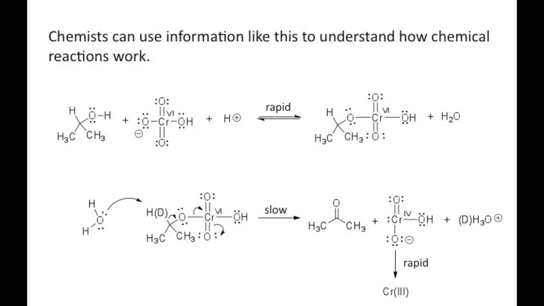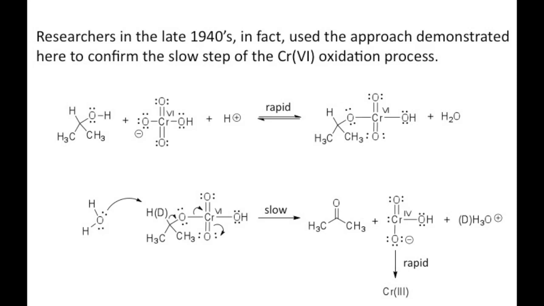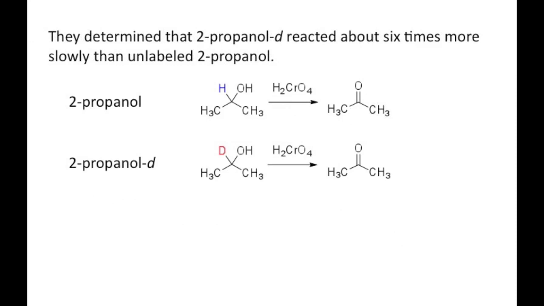Chemists can use information like this to understand how chemical reactions work. Researchers in the late 1940s, in fact, used the approach demonstrated here to confirm the slow step of the chromium-6 oxidation process. They determined that 2-propanol-D reacted about 6 times more slowly than unlabeled 2-propanol.